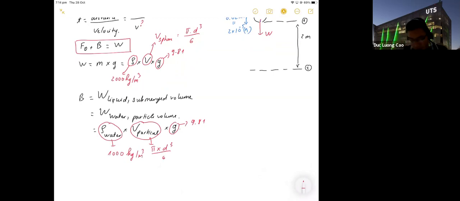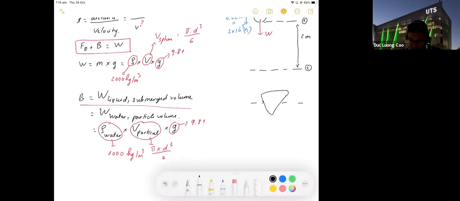Do you remember this one? Buoyancy force we study in fluid static. Submerged volume is the volume under the water surface. Remember, you have a boat under the water.